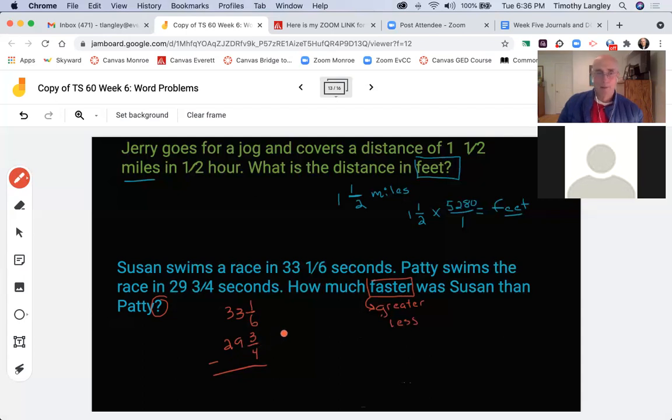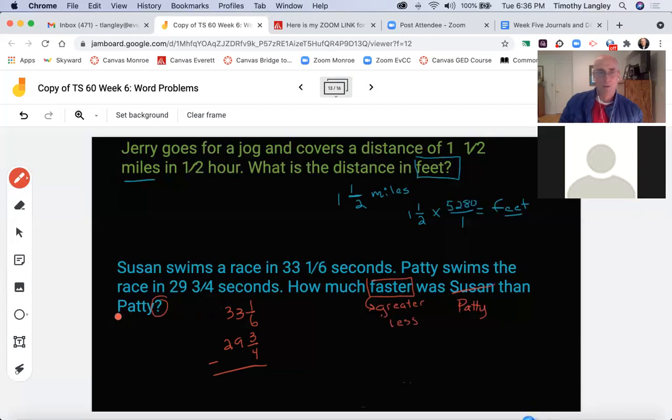Susan than Patty. So anyway, Susan swims a race in 33 and 1/6 seconds. Patty swims a race in 29. Yeah, it seems to me that Patty's faster. How much faster was Susan than Patty? I think the question's got it backwards. It should say Patty. Sorry, guys. Because Patty here, see how she swims it in 29 and 3/4 seconds? That's less than Susan.